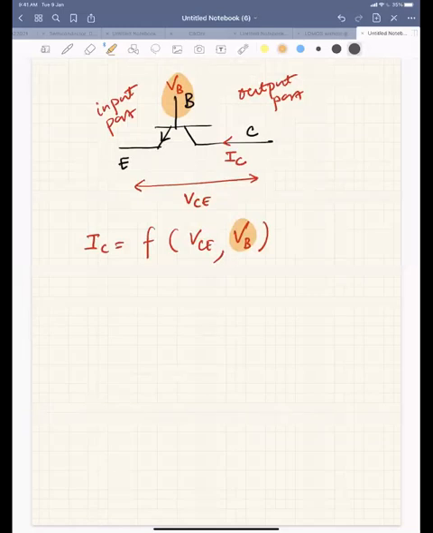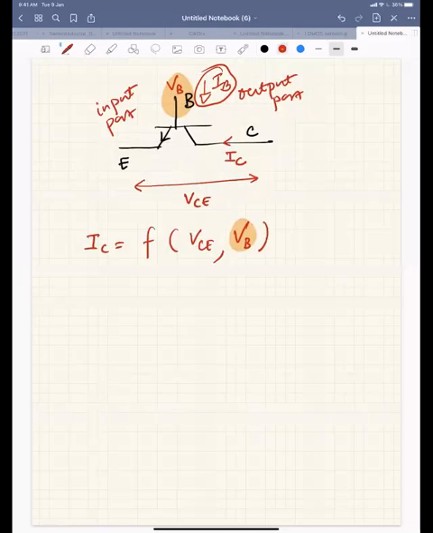So basically what I want is, if this terminal has a current IB, the base current, this current should be as low as possible, because I want to control the current flowing between collector and emitter with less effort. Less effort means I don't have to consume that much power to control the current flow between collector and emitter.